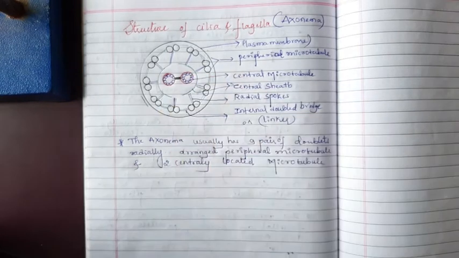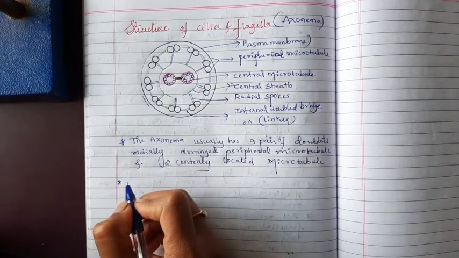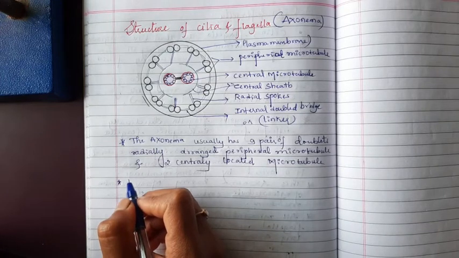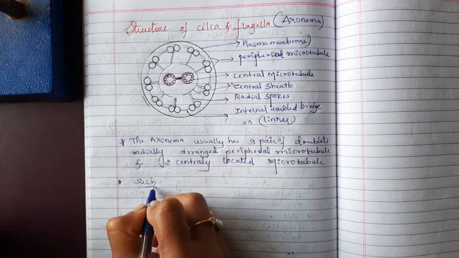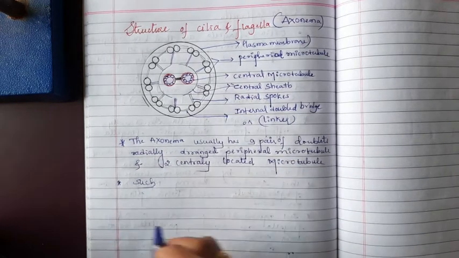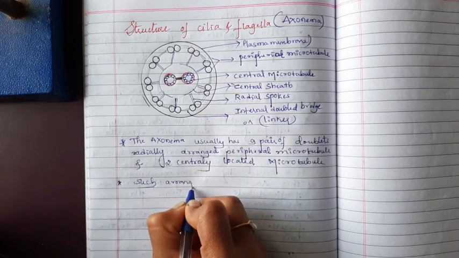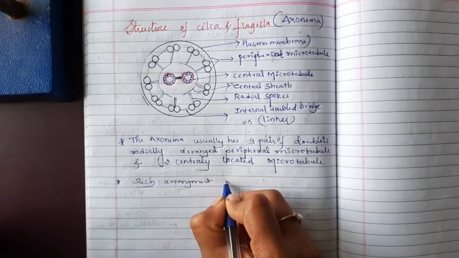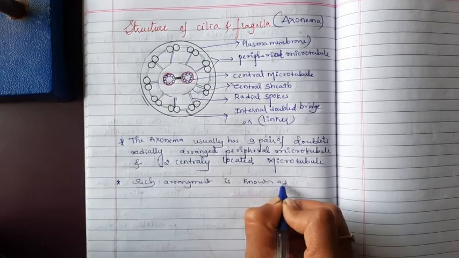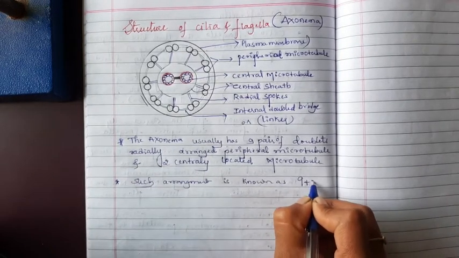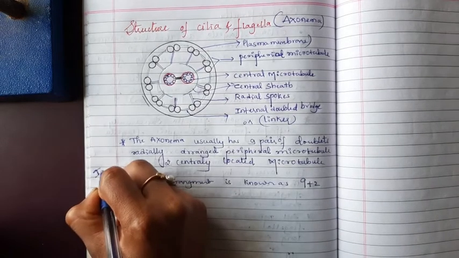This is the tubulin protein present in the microtubule. Such an arrangement, doublets and the two centrally located ones, is known as the 9+2 array. Remember this one, this is very important, students.